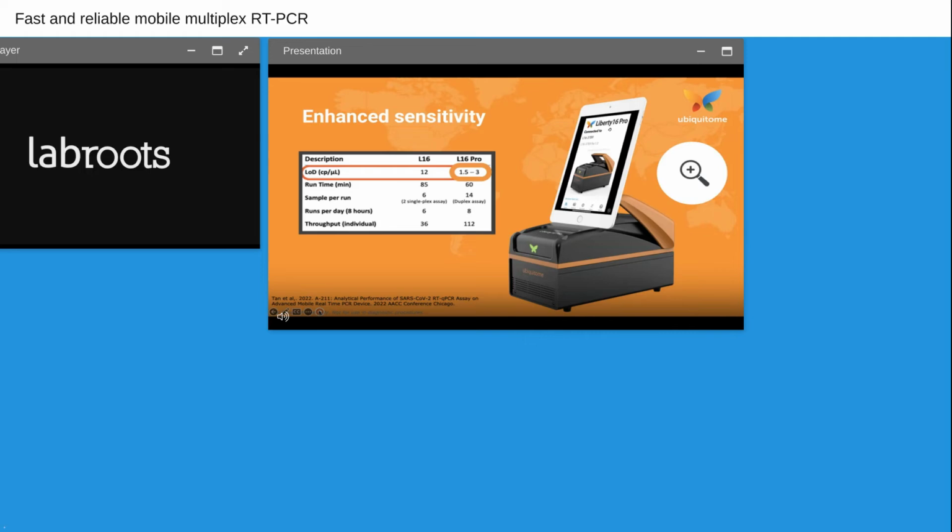But with the Liberty 16 Pro, we've managed to push that right down to 1.5 to 3 copies per microliter. And just below the LOD, you'll have some basic information as to the throughput, runs per day, samples per run, and also the runtime, comparing the Liberty 16, which is currently available, and the Liberty 16 Pro, which will be coming available very, very soon.